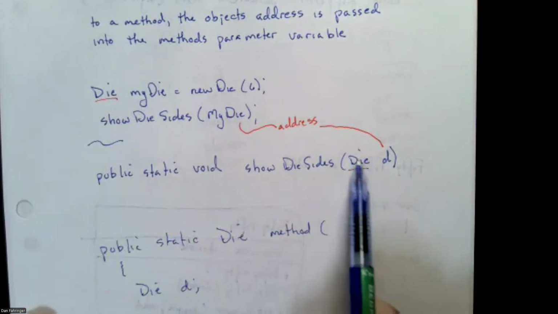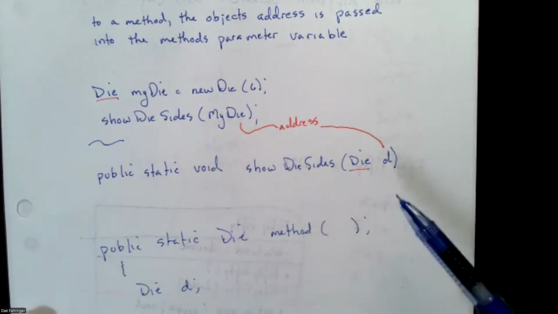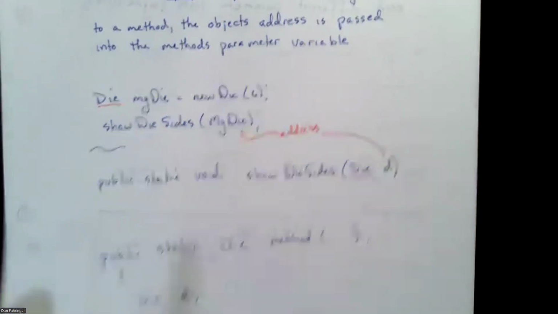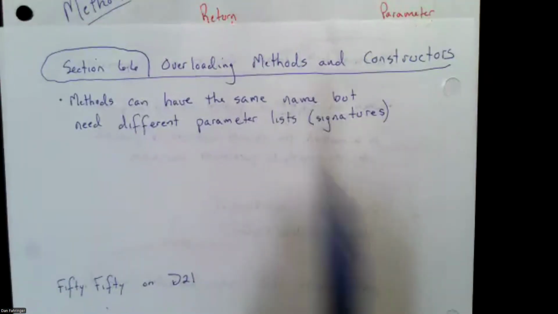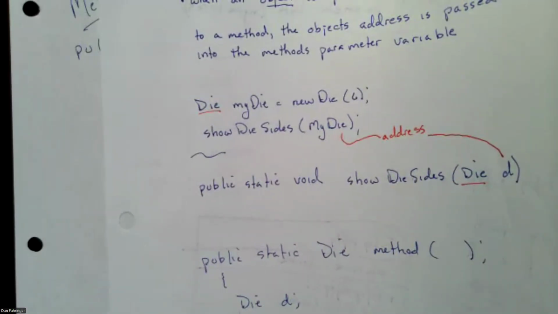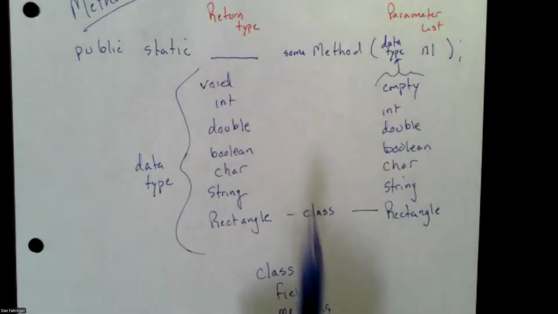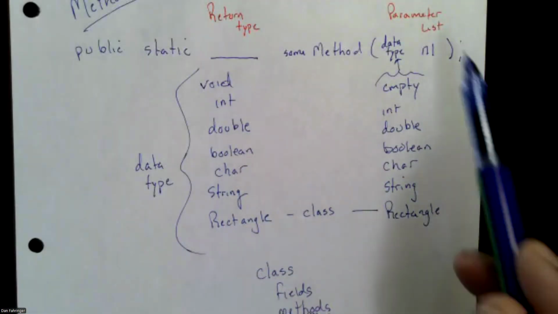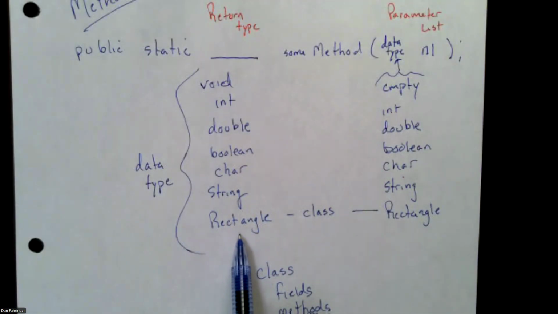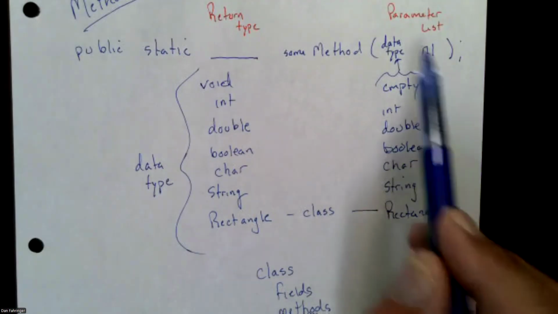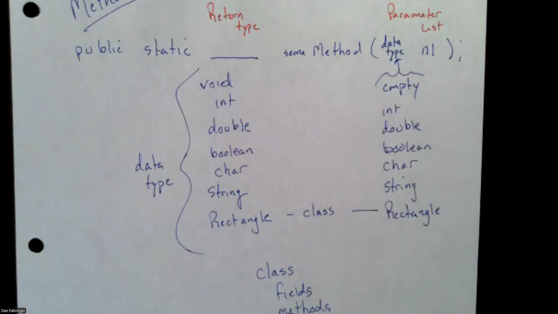The data type is Die, just like we'd have int or double. Same concepts to pass, same concepts to return. Well, that was over here as well. And it's just like anything else I did, I can pass in a Rectangle. I can have the data type in my parameter list as a Rectangle.